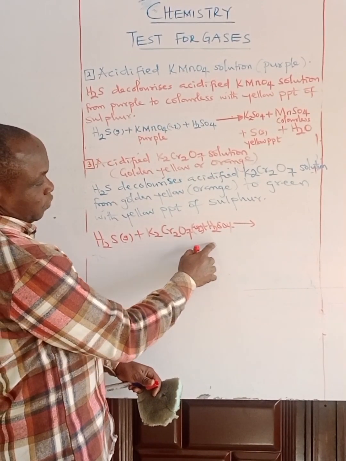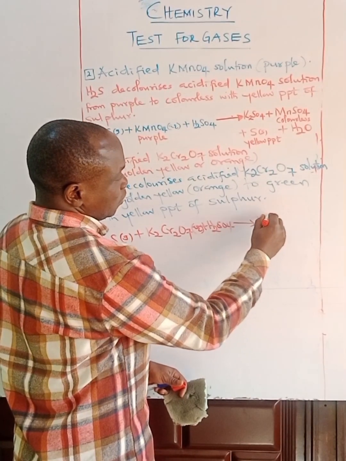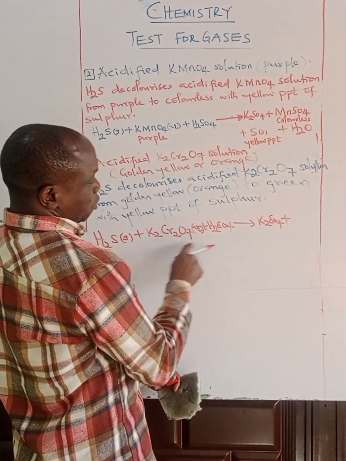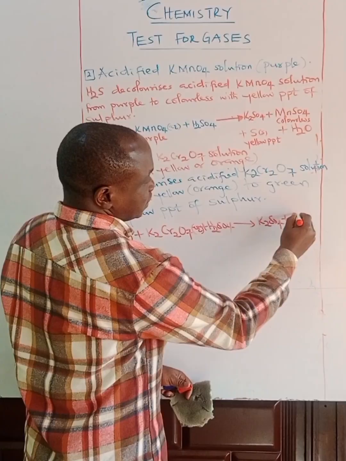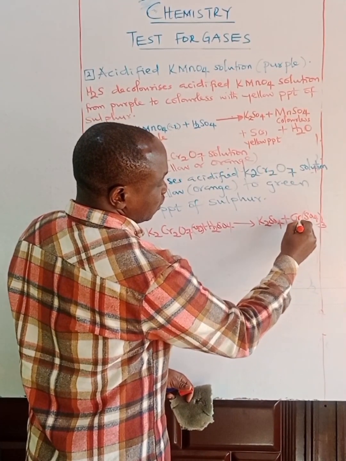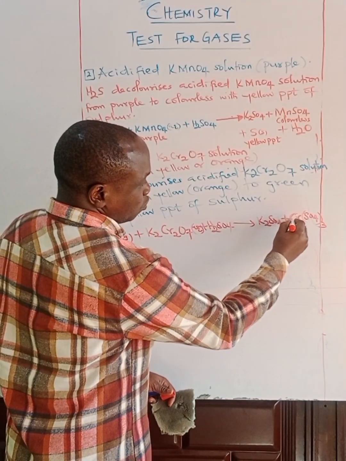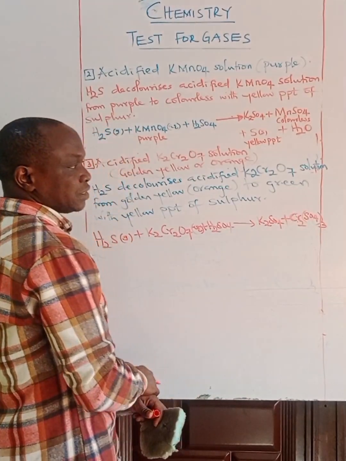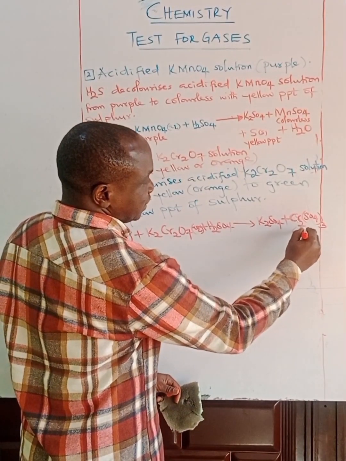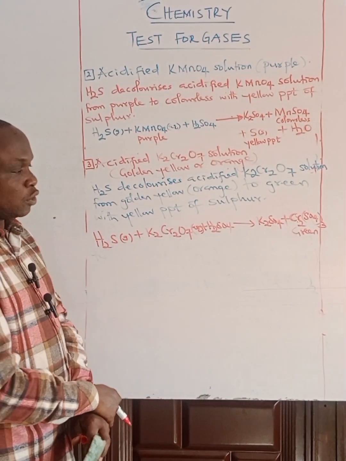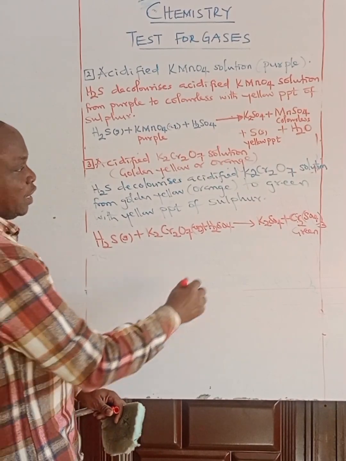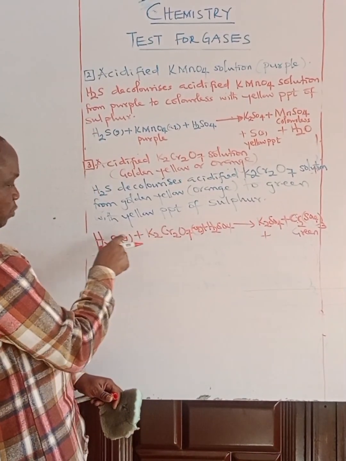K moves here to give K2SO4, plus chromium 6 turns to chromium 3, so we have chromium 3 sulfate, Cr2(SO4)3. The color of this is green. Chromium 3 is green, while chromium 6 is golden yellow or orange.